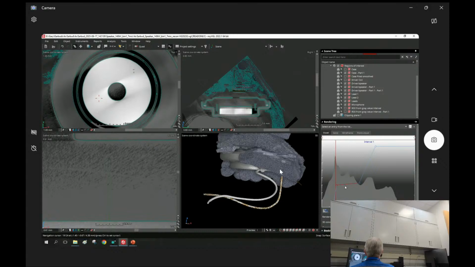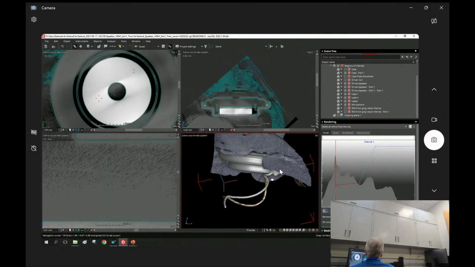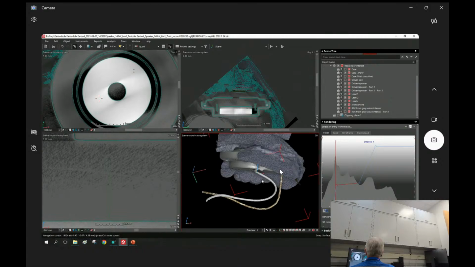So if I map to color, that is not falsely showing my data, it's maybe showing things that the human eye can't see in gray, but the computer is seeing in gray.